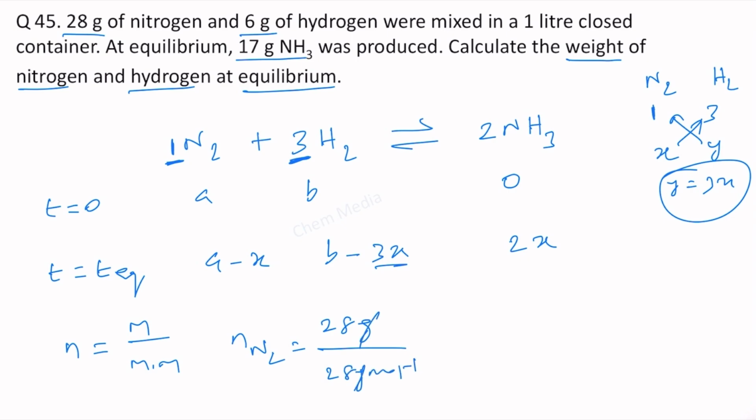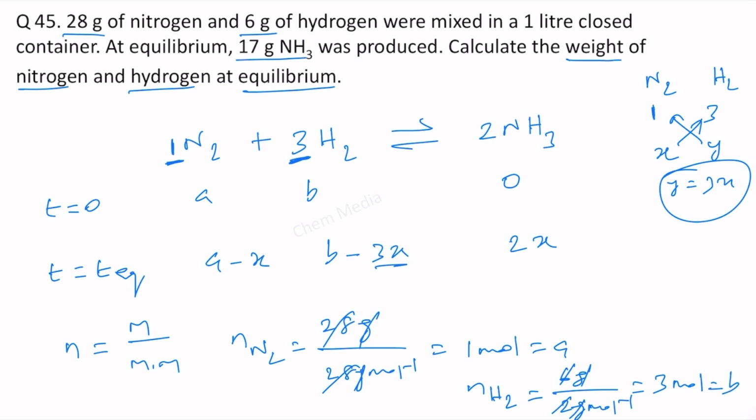So number of moles of N2 is 1 mole and that is equal to A, and number of moles of H2 is equal to 6 gram divided by molar mass of H2, 2 gram per mole, and therefore this will be 3 mole and that is equal to B. Therefore, we can write 1 minus X, 3 minus 3X, 2X, isn't it?